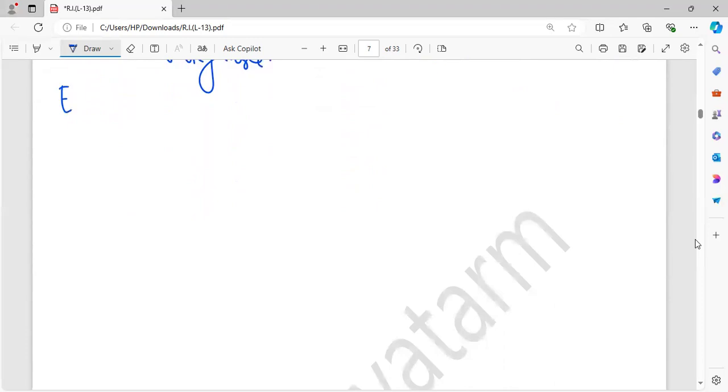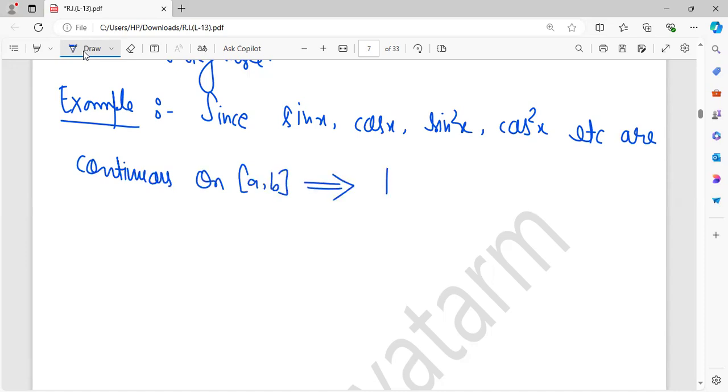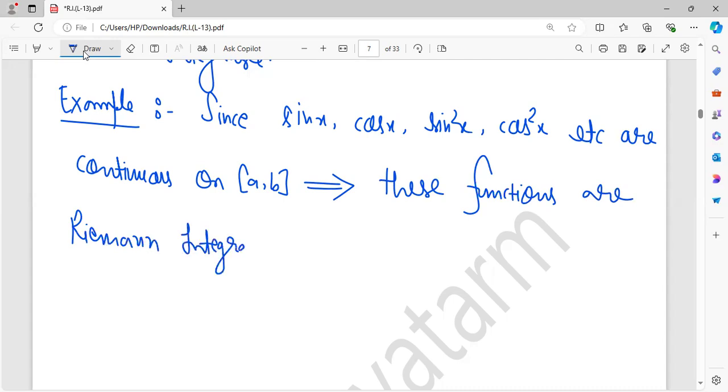So for example, since sin x, cos x, cos square x, etc., are continuous on [a, b], this implies these functions are Riemann integrable over the closed interval [a, b].